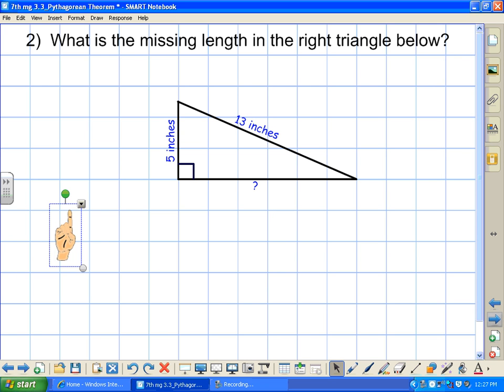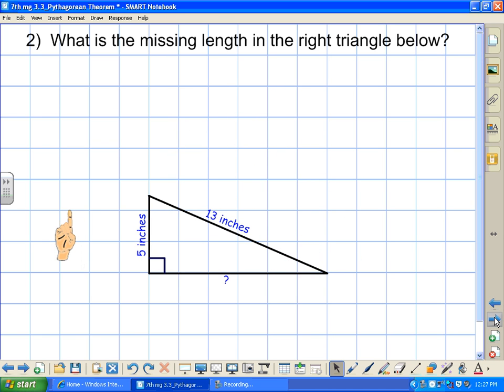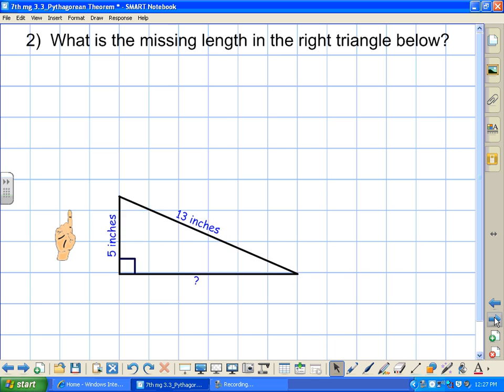So I'm not going to reveal what length that is as of yet. What I do want to do, before we figure it out using the algorithm, is show it to you pictorially first.